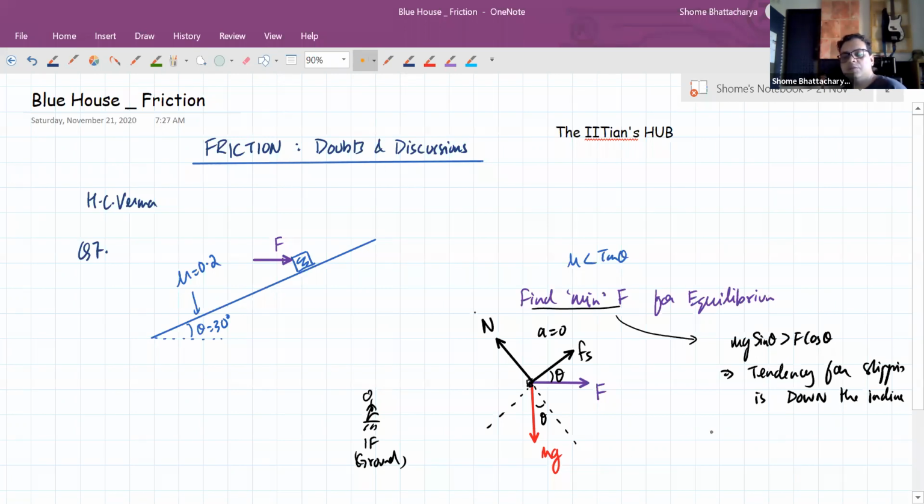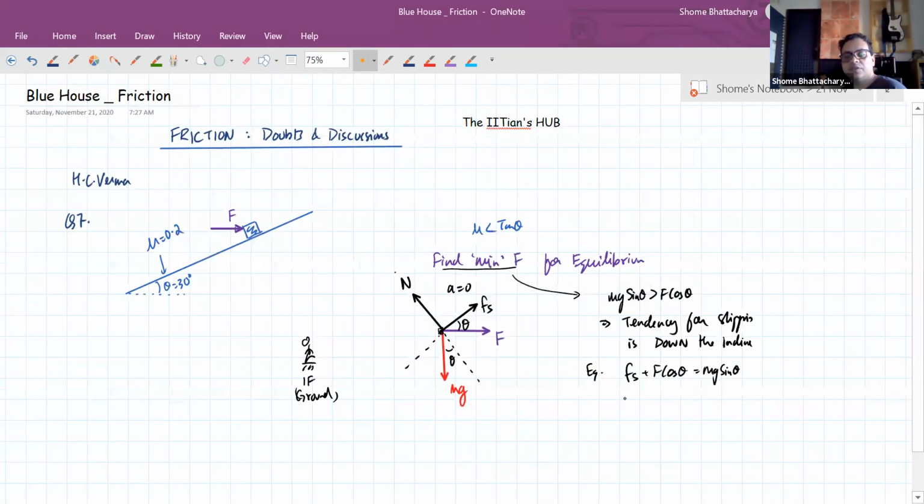So now for equilibrium, our condition becomes that static friction plus f cos theta together balance mg sine theta, because f cos theta is smaller than mg sine theta. So you can see that friction needs to act in this direction. So this is our first equation, and of course normal reaction is coming as the sum of these two now.